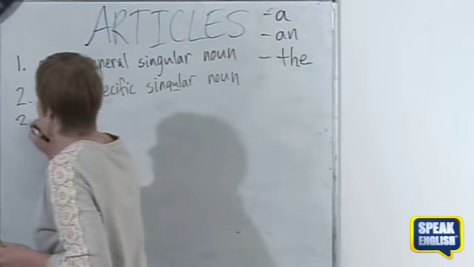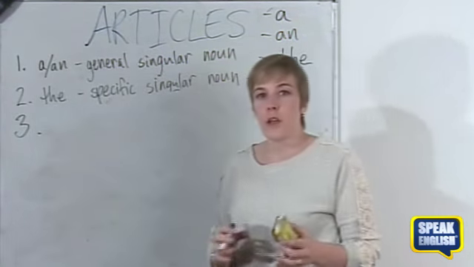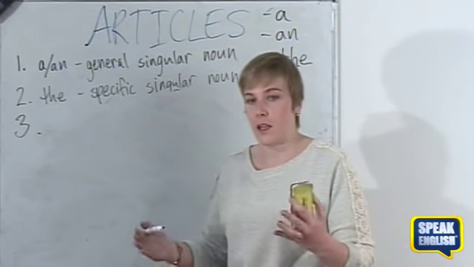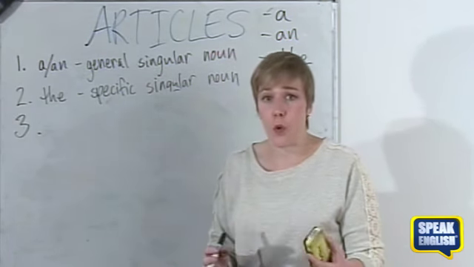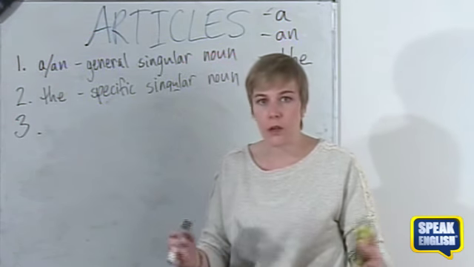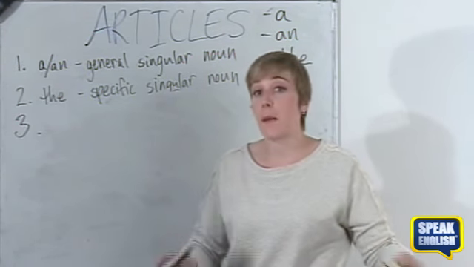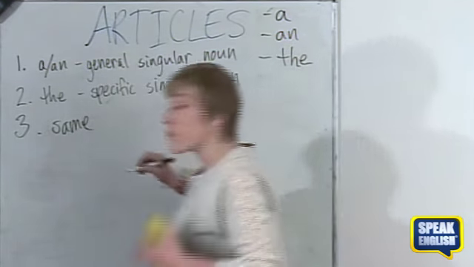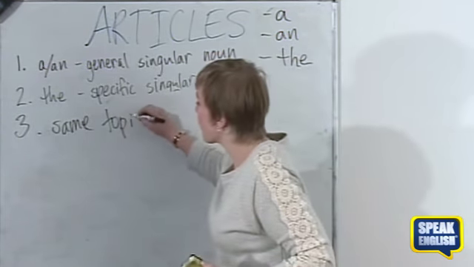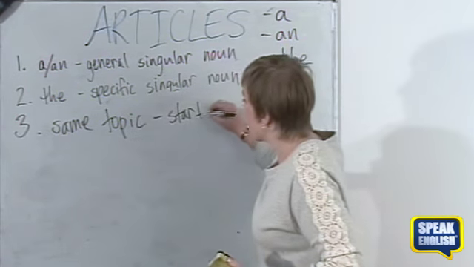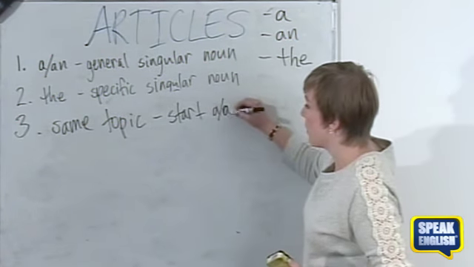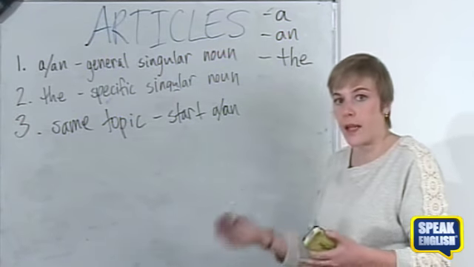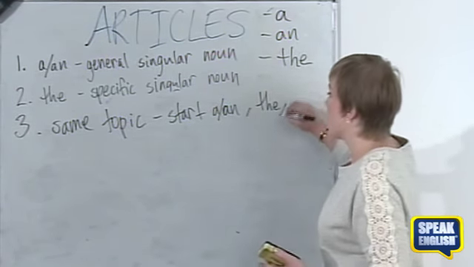Rule number 3. If you're talking about the same noun again and again and again, for example, maybe you're telling a story, and the story is all about a black dog. It's the same black dog for the whole story. We will start with a or an, and then after, if you talk about the same dog again and again, we use the.